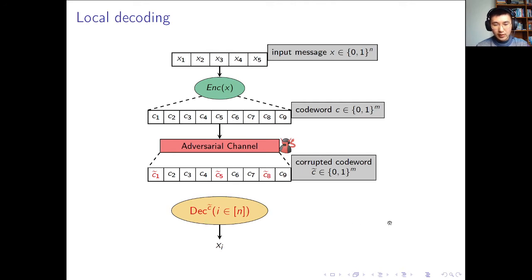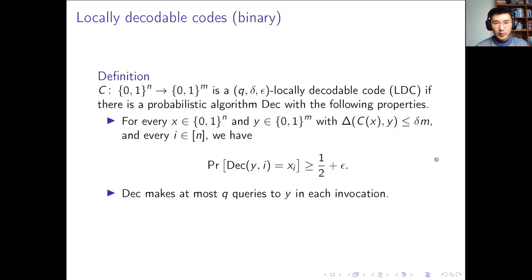So what's the deal here? Well, since we're only interested in one bit, we don't want to read the entire C tilde. Instead, we want to make as few queries as possible into the codeword while still being able to decode x_i correctly for all indices i. So that's local decoding.